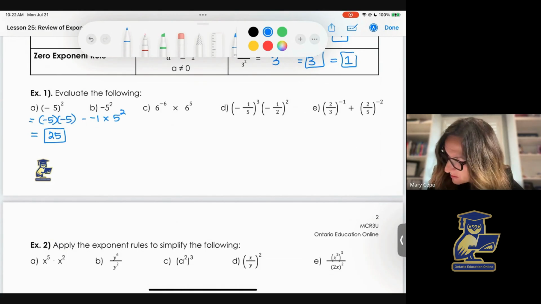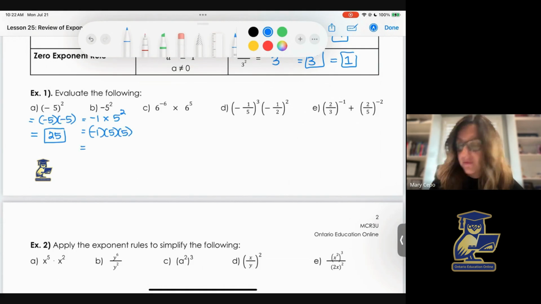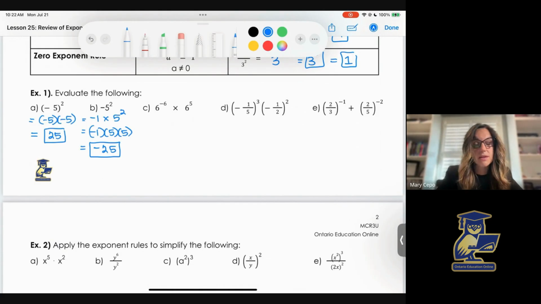That just means it would be negative 1 times 5 times 5. And as you can see, your final answer is not going to be positive this time. It's going to be negative 25. Okay, so you got to be careful with that. If the base is negative, it would all be in brackets. If it's not, that means it's negative 1 times that power of 5, base 5 to the power of 2.